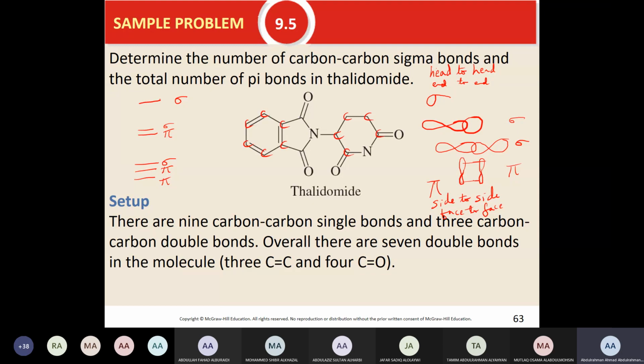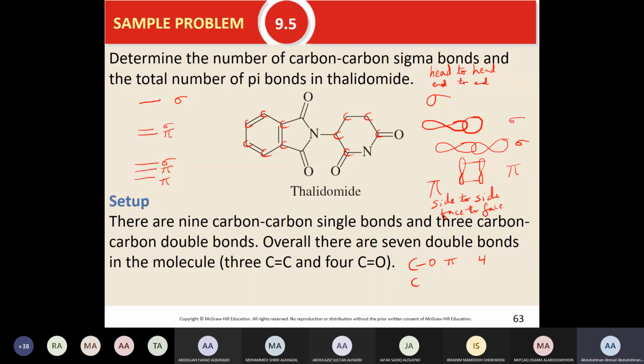Okay, now I'll ask you a very simple question. How many C-O pi bonds? Only pi bonds. Carbon, oh. CO pi bond, how many? 4.